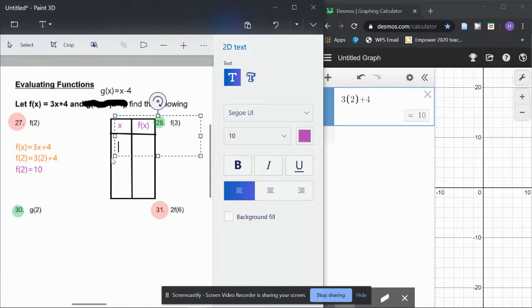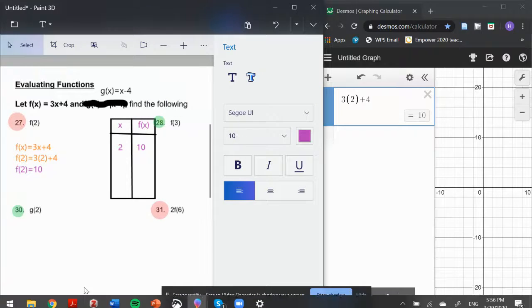Since we're using x, our first x value is 2, so we would put 2 here, and then 10 would go in the next column. Maybe this will help connect some ideas about how we've been using tables with these functions. Okay, so that's our first one. The answer is f of 2 equals 10.